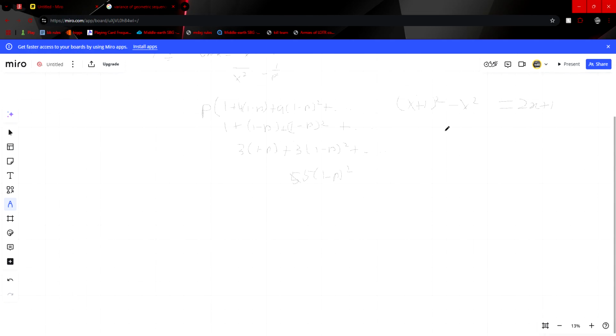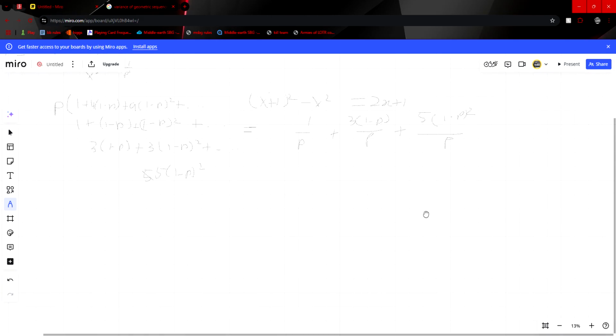So that one, we already know that's 1 over p, and that one's going to be 3 plus 3 (1 minus p) over p, and that's 5 (1 minus p) squared over p, and 7, and so on like that.